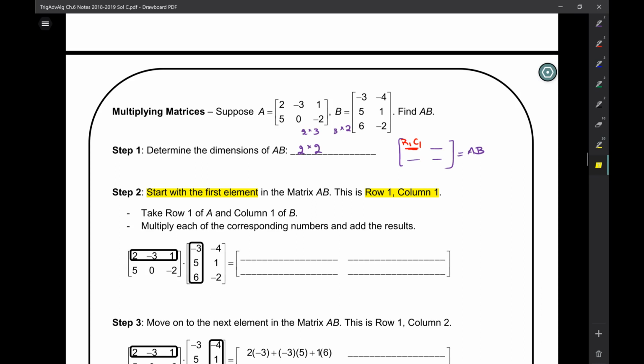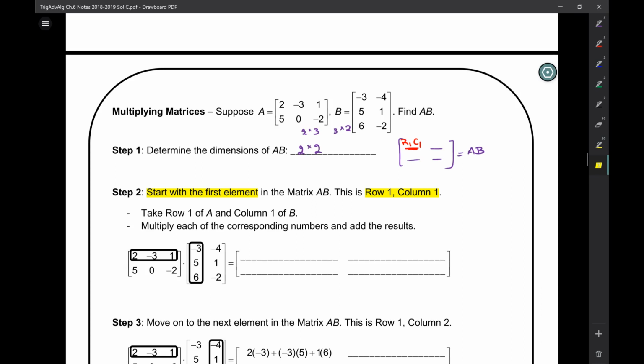In our matrices, we take row 1, column 1. Why? Because the answer is going to go in row 1, column 1. Are we all okay with this? Yeah. Okay.